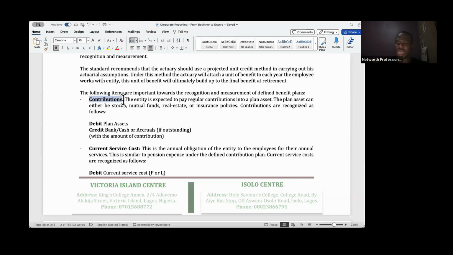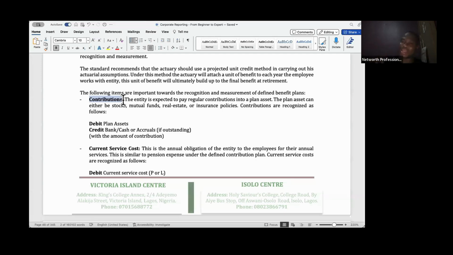However, I told you that usually for these post-employment benefits, employers would create a plan. And that is why this contribution is being contributed to a plan asset. And when I say plan asset, it's going to be a situation whereby the employer would either be investing in real estate, or investing in stocks, or investing in some insurance policies where you can be contributing a certain amount of money every month, or maybe into a mutual fund.